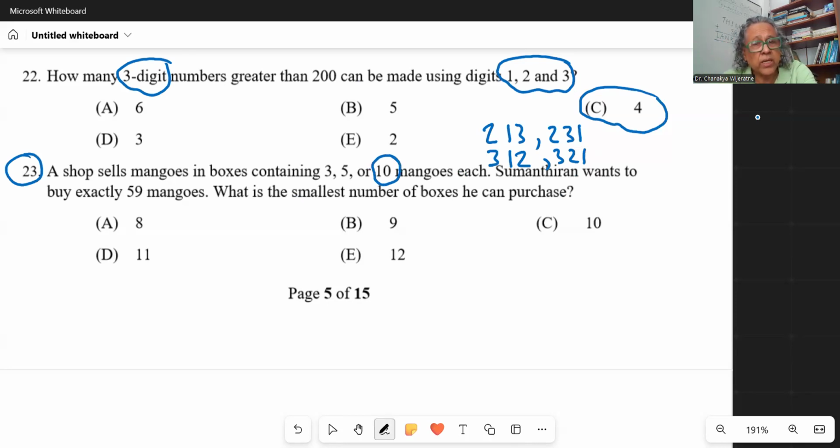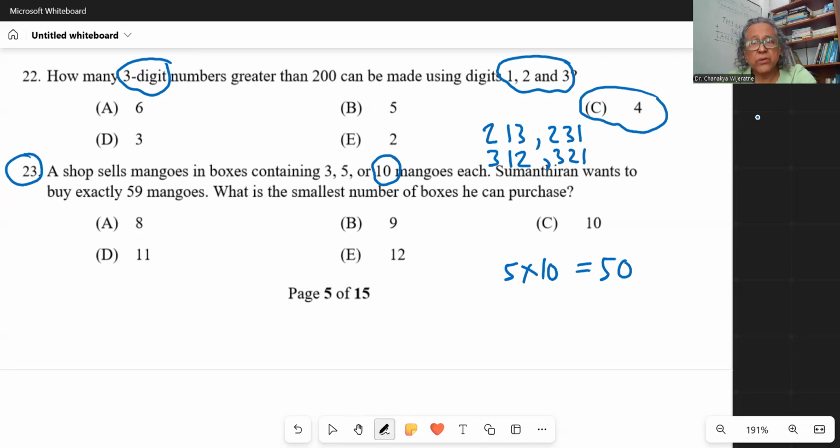So we can actually have 5 boxes containing 10 mangoes in each box, and that is 50. And there are 9 mangoes left. Can we have that in boxes of 3 or 5?